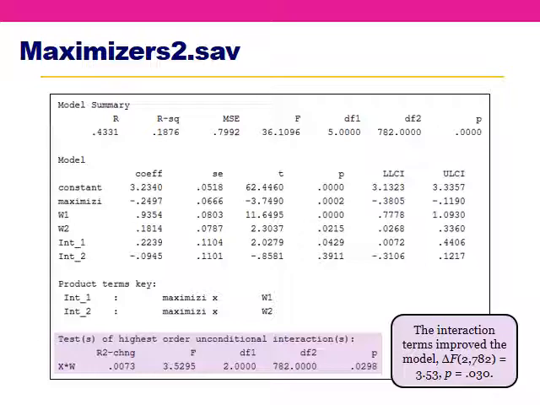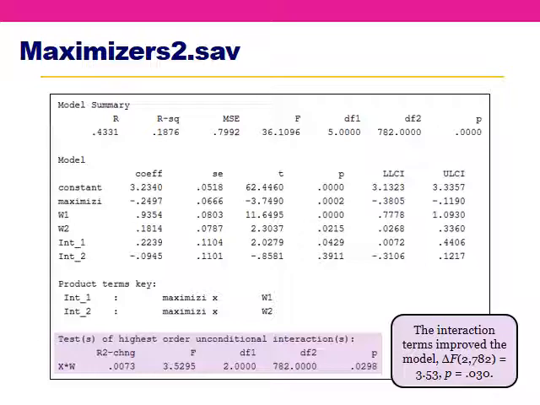So in this case, what it's telling us is if we had a hierarchical model where block 1 just had these 3 things, just had maximization score and the 2 dummy variables, and then we added the 2 interaction terms in block 2, the results of this test down here tell us that adding those two interaction terms significantly improved the model. The model was better with the two interaction terms than it was without them.